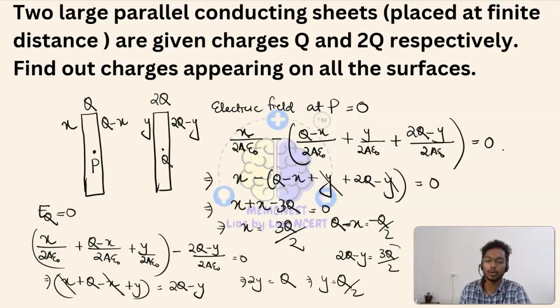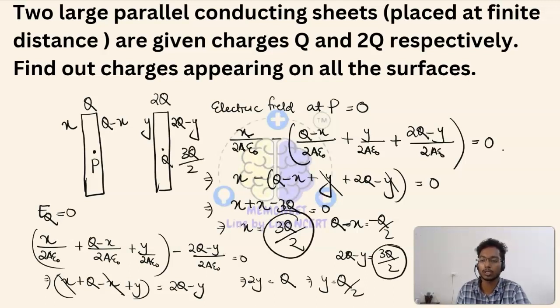So observe one thing, we have 3q by 2 here, and we also have 3q by 2 on the outer side. And in q minus x we have minus of q by 2, and here also q by 2. So what we have observed is that the charge present on the outer surface of the two conducting sheets will be the mean of the sum of these two.